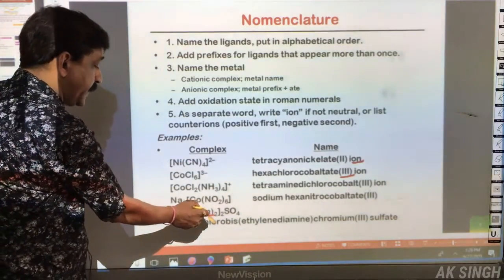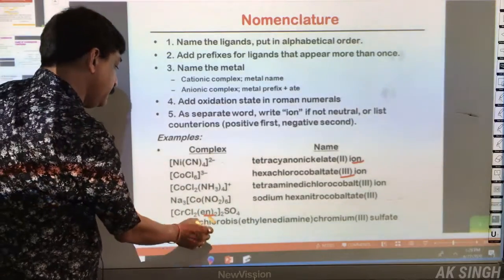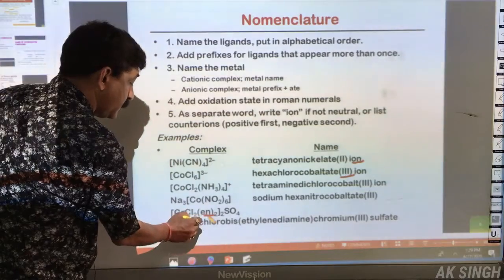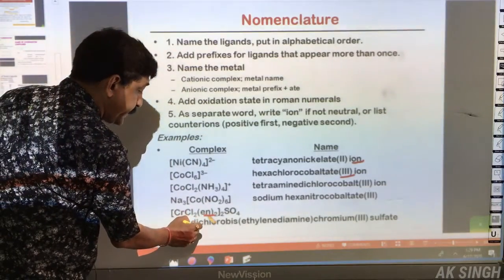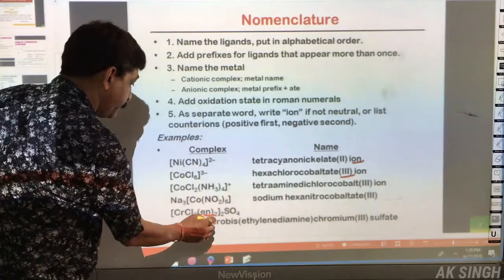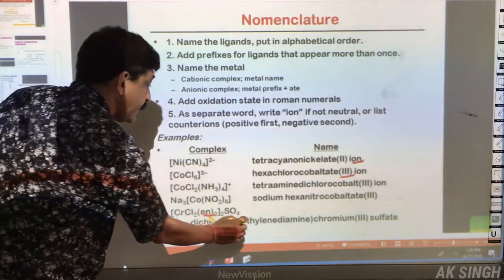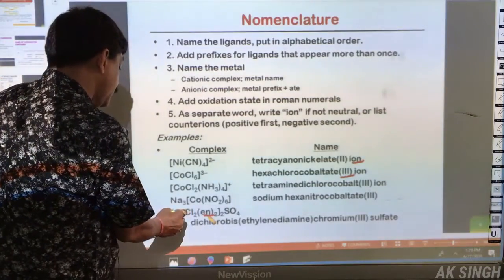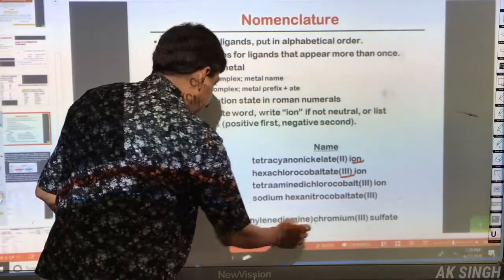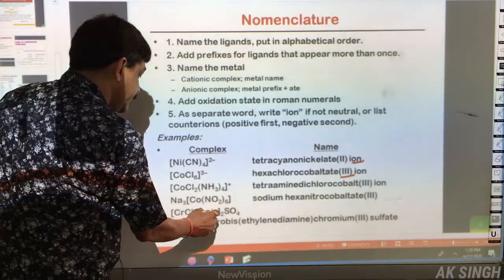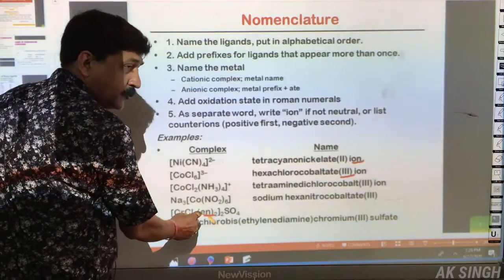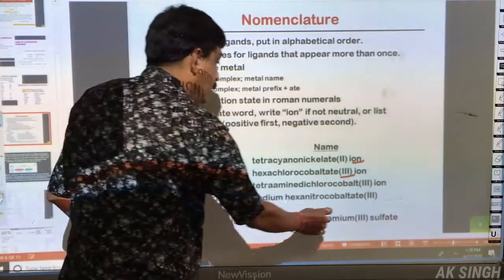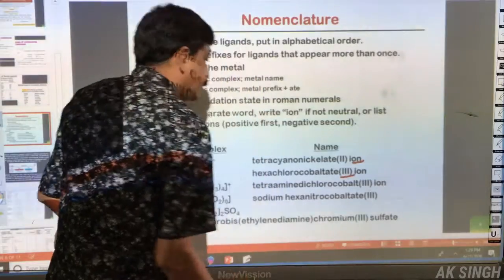There are 2 en attached, so we write dichlorido, bis(ethane-1,2-diamine), then chromium, then the oxidation state. This is neutral, this is minus 1, there are 2, and this is sulfate.